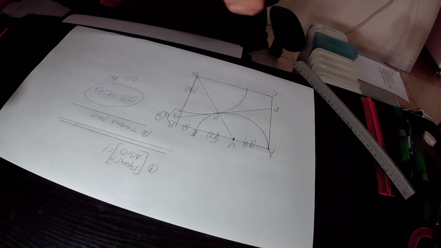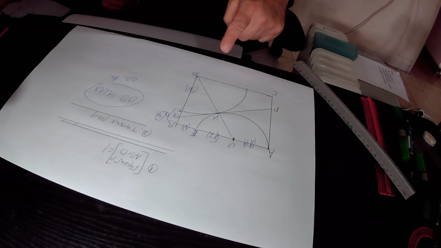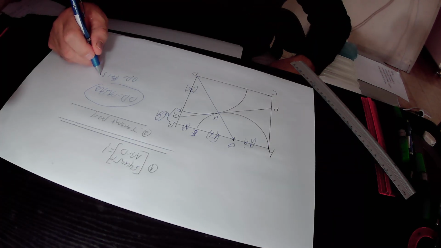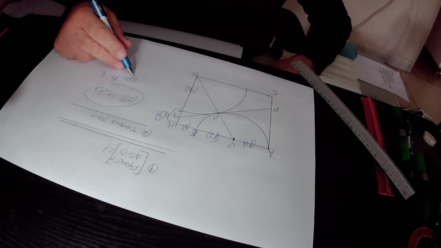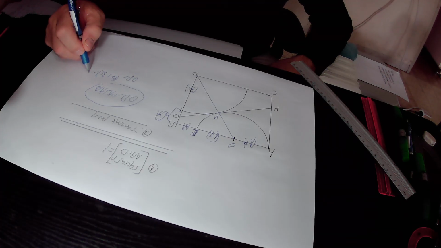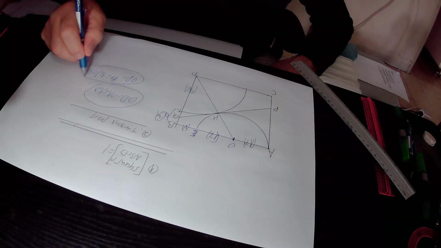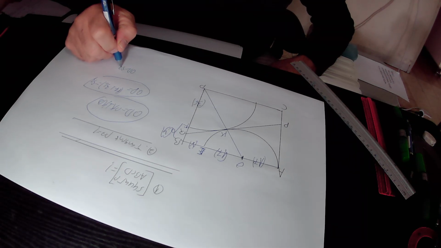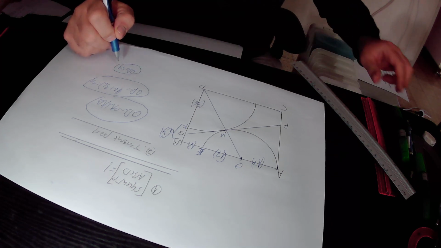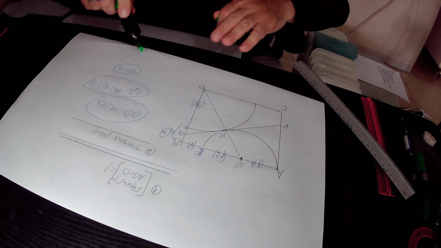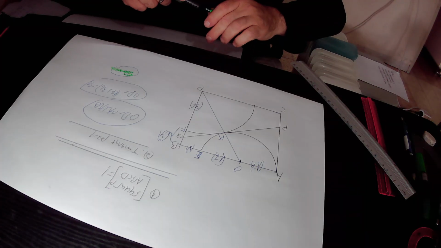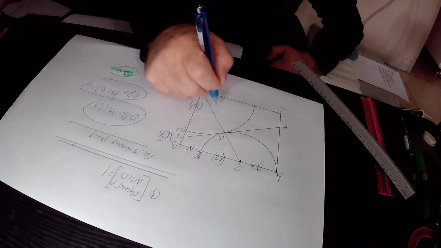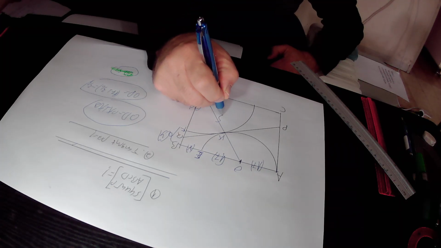KD is of course the radius of this quarter circle, which equals 36 units in length. So in total, we found out that OD equals 17 plus 36, which is 53. OD equals 53 units in length.